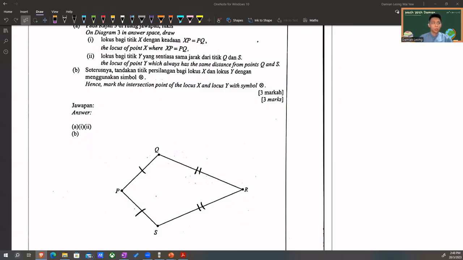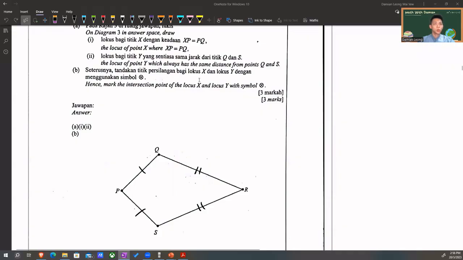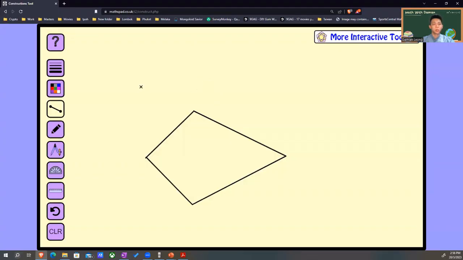So let me put in a diagram. So let's draw the locus. I'm going to use this. Okay.